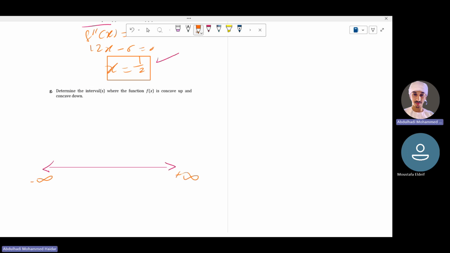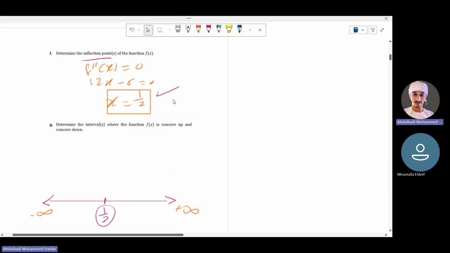Okay. And just now put the solution of the second derivative. That's maybe an inflection point, okay? So put it here, and then just find the y of this point. You have to substitute it in the original function to find the y of this point.